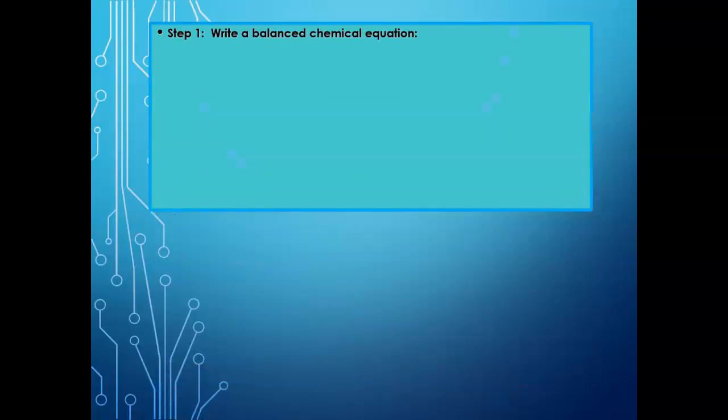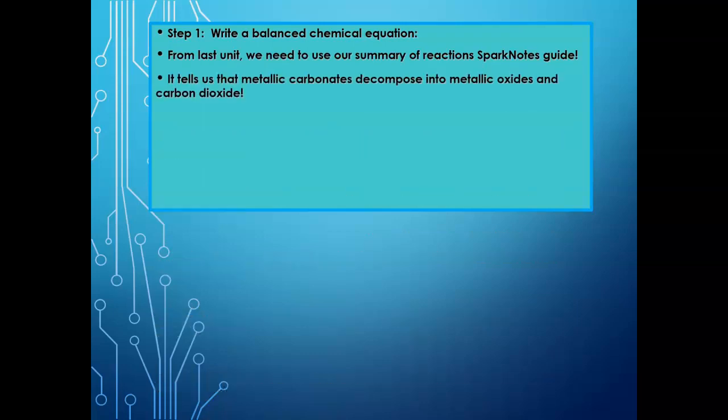So here we go. Step 1, writing a balanced chemical equation. We have calcium carbonate, and it's going to decompose into something. So we go back to our reactions guide, and it tells us that if we have a metallic carbonate, it's going to decompose into the metallic oxide and carbon dioxide.